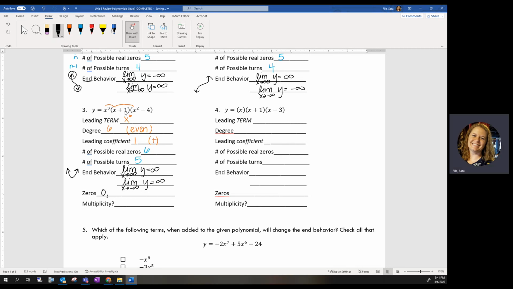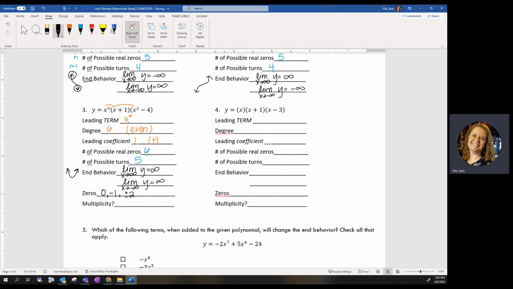Okay, if I set x plus 1 equal to 0, I would have to subtract the 1 over. So I would end up with -1. And then if I set this one equal to 0, I would add the 4 over and then take the square root. And the square root of 4 is positive or -2. You can write it like this, or you could write 2, -2 and list it out separately. So this one has 4 zeros.